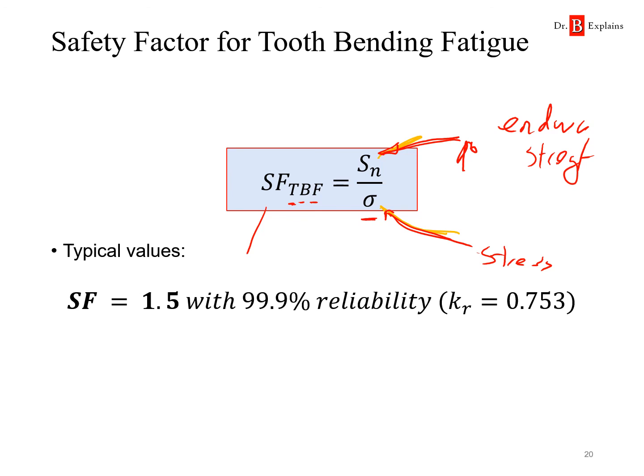Typically, you're looking for a safety factor of at least 1.5 when you're using a KR for 99.9% reliability. That's good enough. Because you're already accounting for reliability through the KR constant, we don't need overly crazy safety factors like 2, 3, 4, 5. 1.5 is enough, because we already have some built-in reliability.